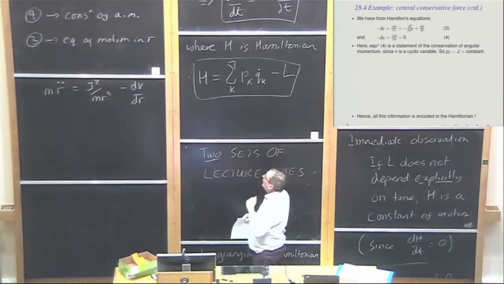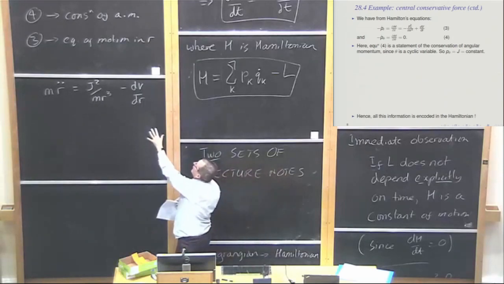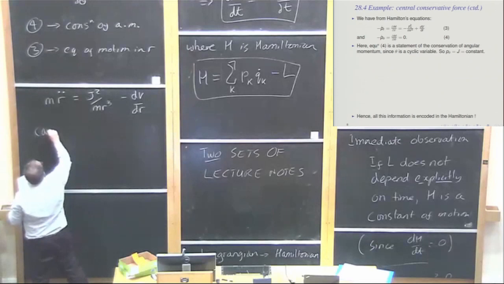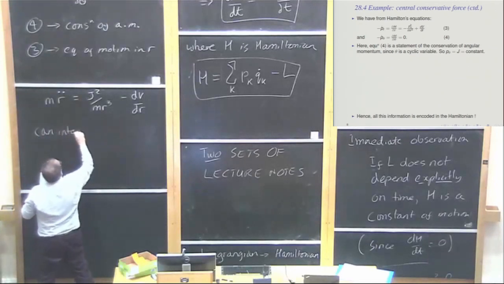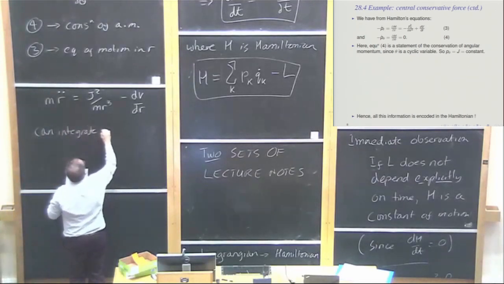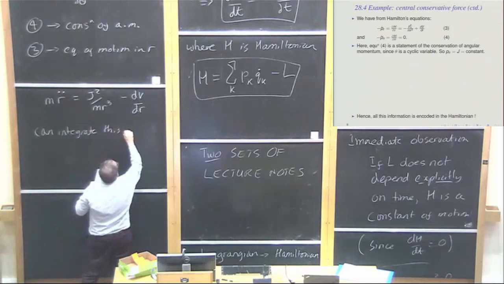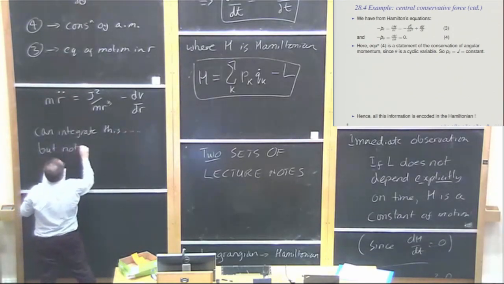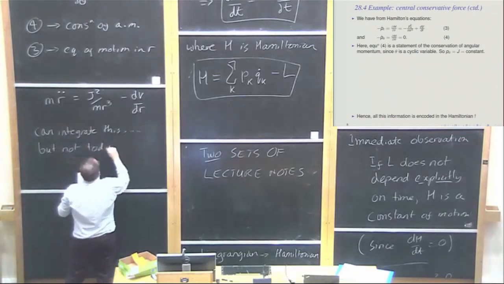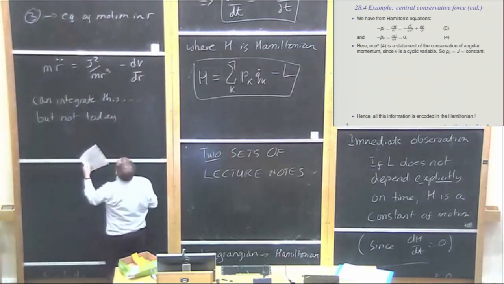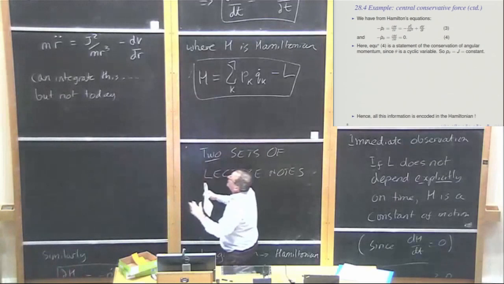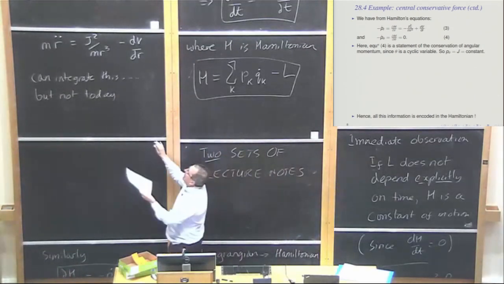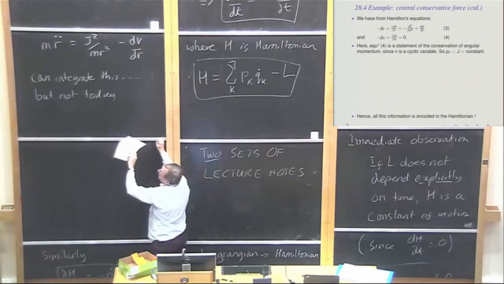So this is the equation of motion. If we were starting from scratch, we could integrate this if we wished, but we won't do that today because we considered equations of motion for orbital motion at length for several weeks. So no need to go back to that, but just to remind you that everything is there.